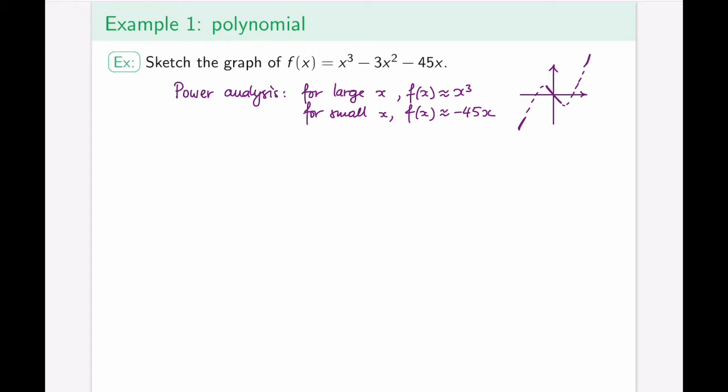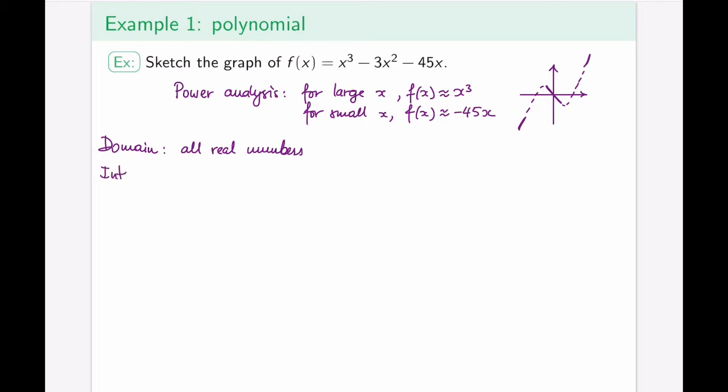Now, going through our big sketching process, we will go through all of the elements. First of all, we're going to talk about the domain. Given that this is a polynomial, there's no denominators, no issues. The domain is all real numbers. So we're also then looking at no asymptotes here, no holes, no infinite jumps, nothing like that.